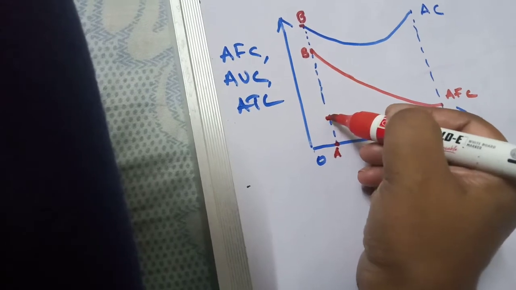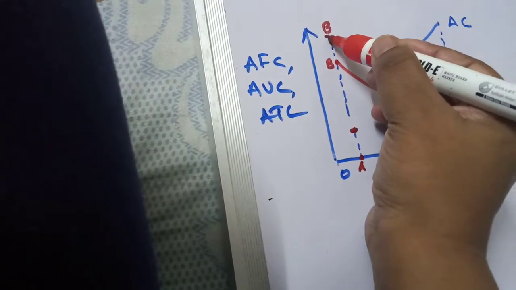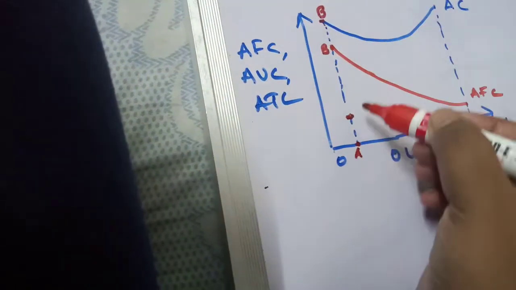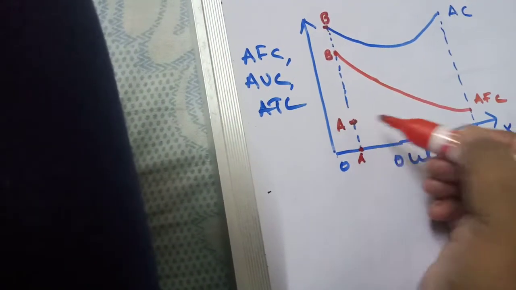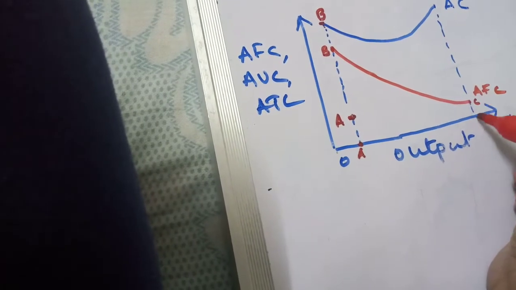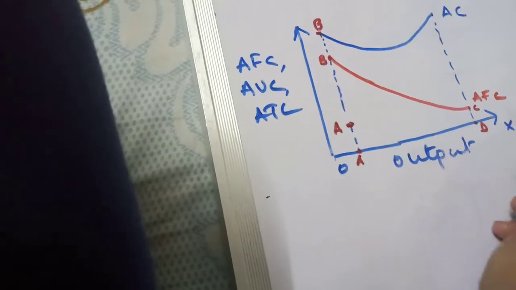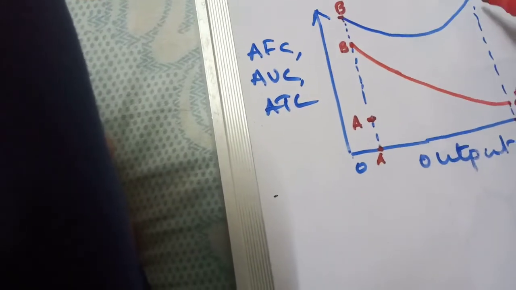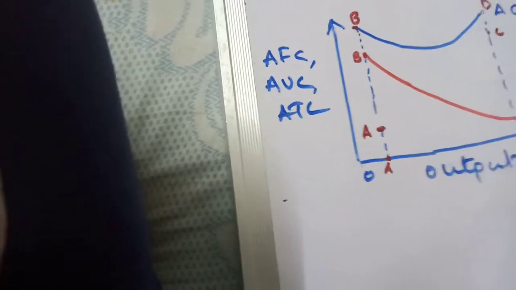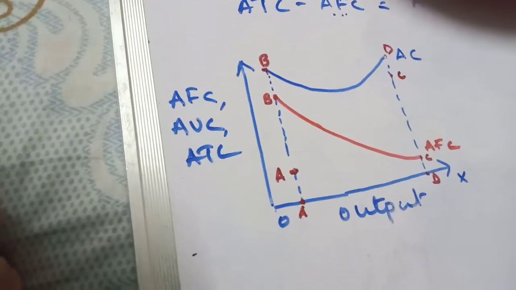I've made this myself, because the distance between this and this AVC should be AFC. Similarly, if this distance is CD, you're going to measure this CD here. This is the ending point of AVC.